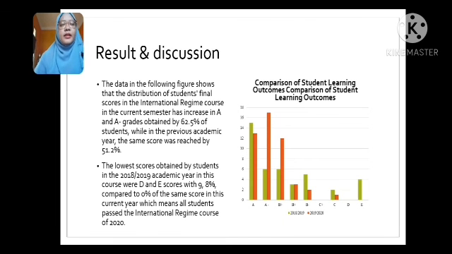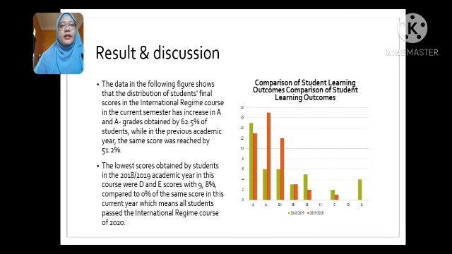Next, from the next figure, this figure shows that the distribution of the student final score in the International Regime course in the current semester has increased in A and A- grade obtained by 62.5% of students, while in the previous academic year, the same score was reached by 51.2%.